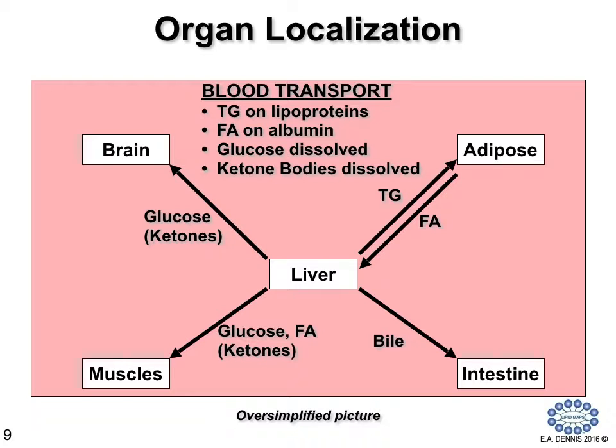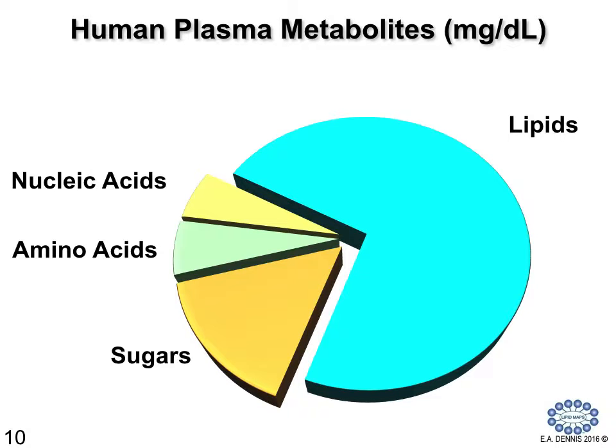Glucose is freely dissolved and picked up by peripheral tissues, as are ketone bodies. Blood is one of the few organs that are accessible for analysis in humans.